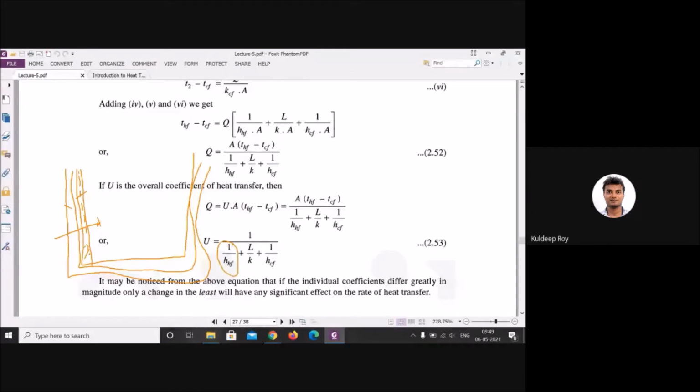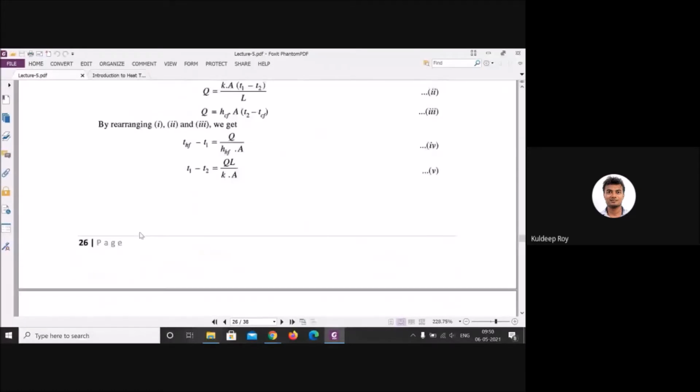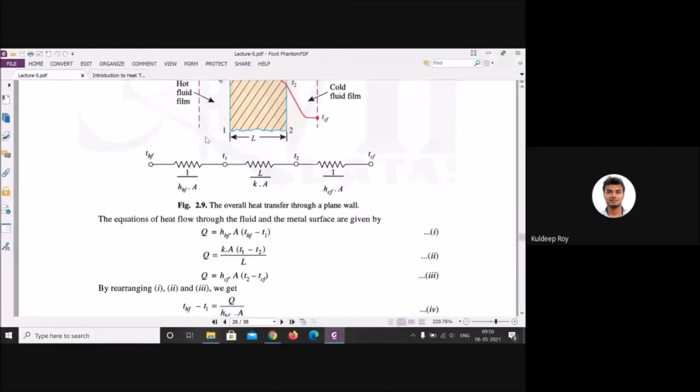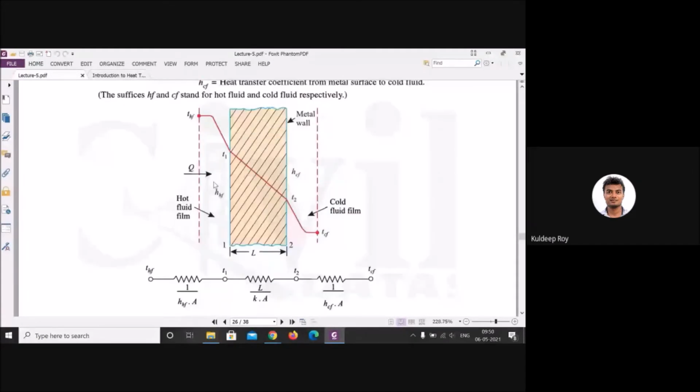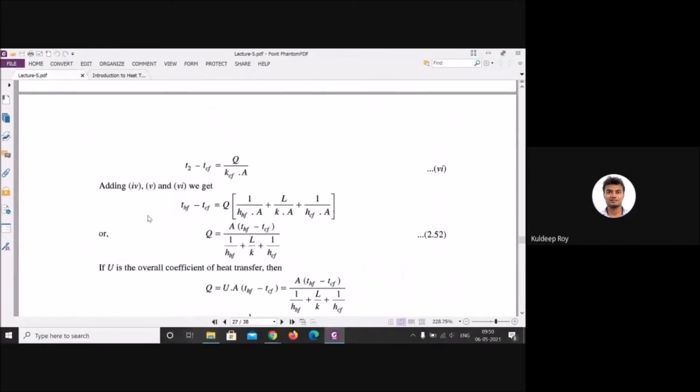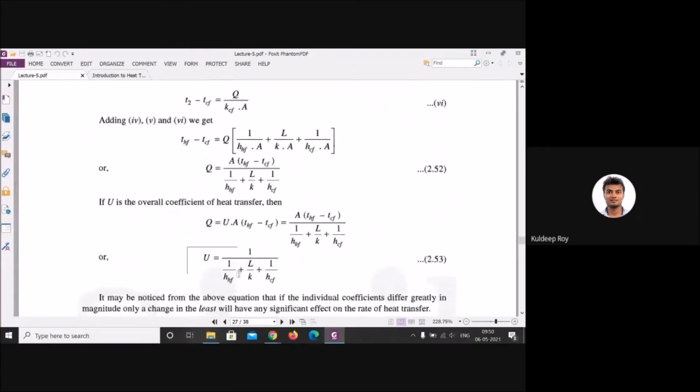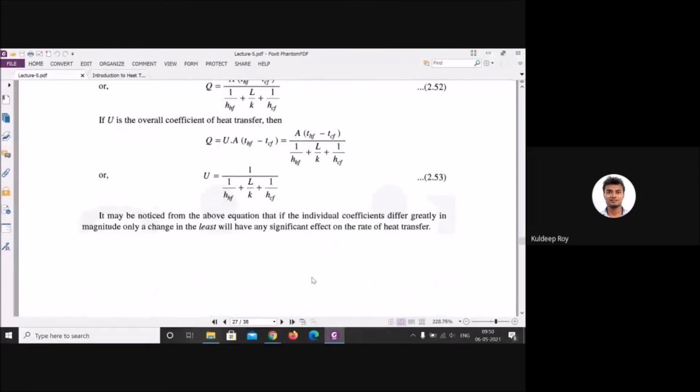Just keep this in your mind. Here we are talking about one kind of film, hot film and cold film. To determine the overall heat transfer coefficient, you equate UA times the temperature difference, and then you get the value of the overall heat transfer coefficient. Now we have finished this.